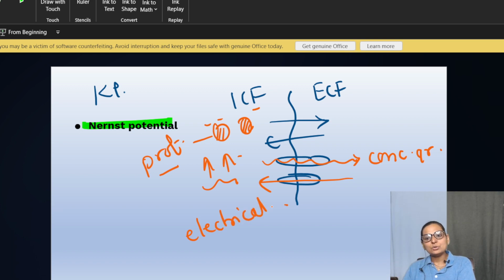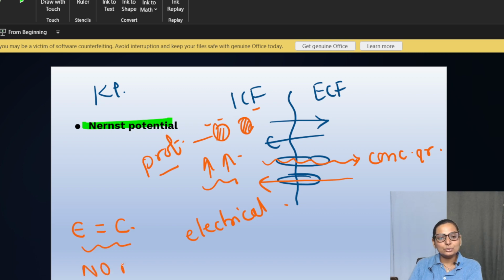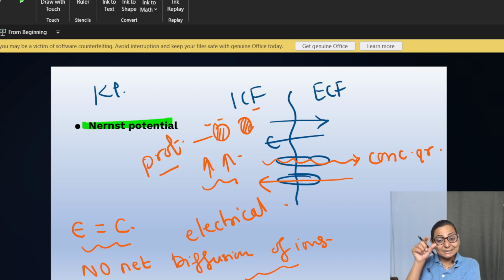So it can move out because of its concentration gradient, and it can move in because of its electrical gradient, and this is true for all the ions. Now there will come a point where the electrical gradient will become equal to the concentration gradient, and there will be no net diffusion of ions. That point is the Nernst potential.